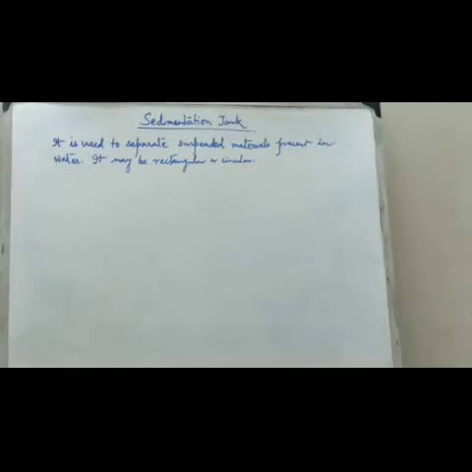So these are the sedimentation tanks. Now by this sedimentation tank we actually remove the suspended material. These sedimentation tanks are generally made of reinforced concrete, and it may be circular or rectangular in plan.